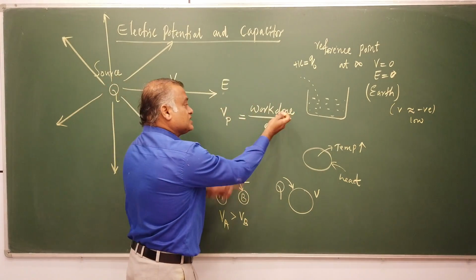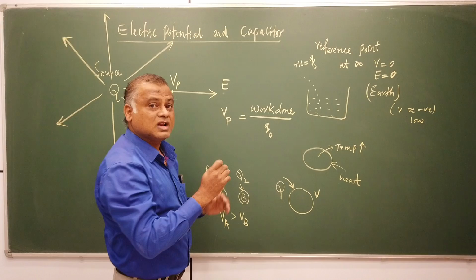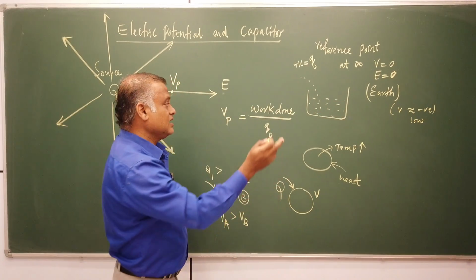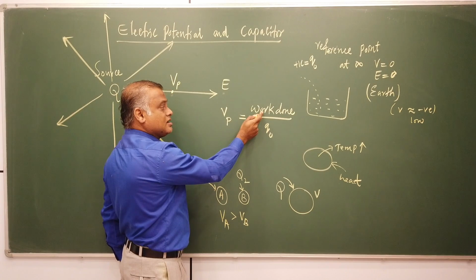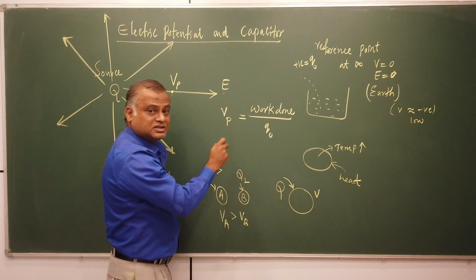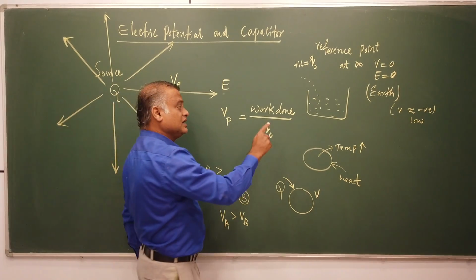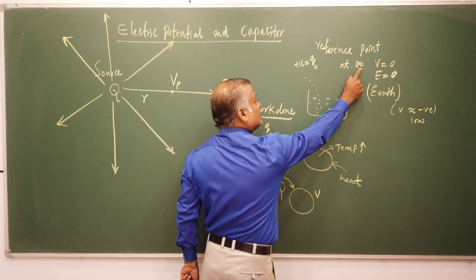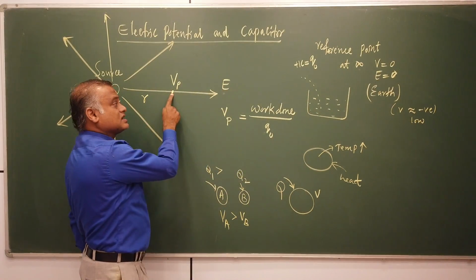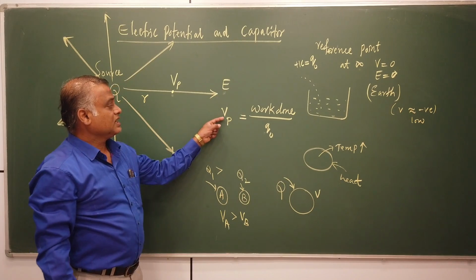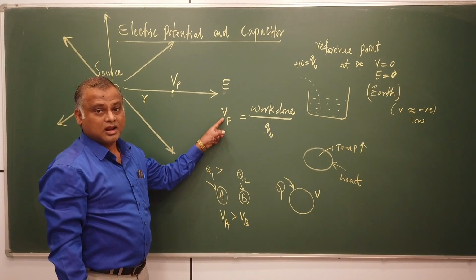When you do some external work, that work done will be stored as potential energy. But before learning that: the amount of work done per unit charge, you must say per unit charge, in carrying it from infinity to the point under consideration against the electric field is known as electric potential.